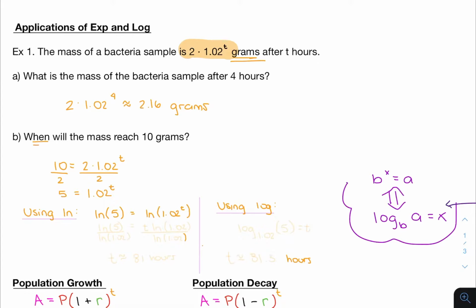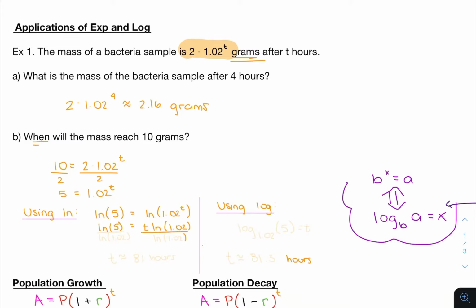Remember the properties of log and ln: whenever you have a power, you can bring it to the front. So you're going to have t times ln of 1.02, and that's equal to ln of 5.